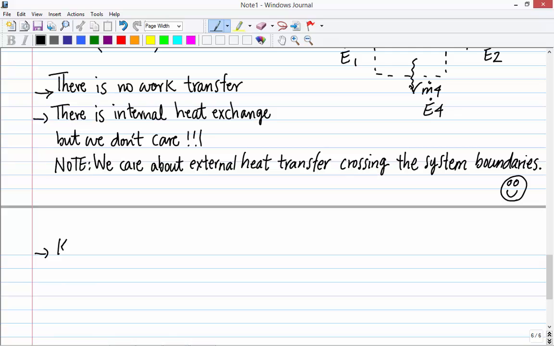So kinetic and potential energy changes are negligible.